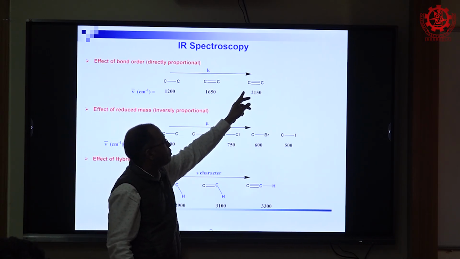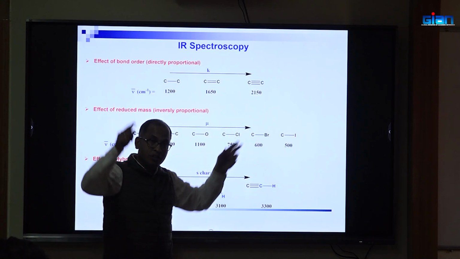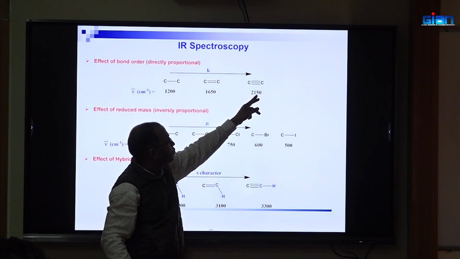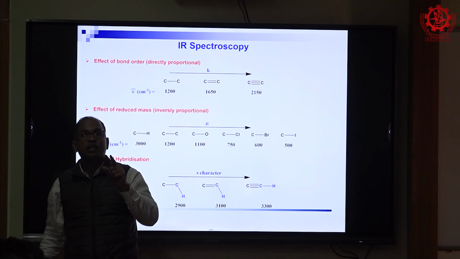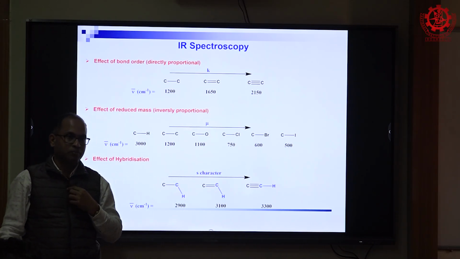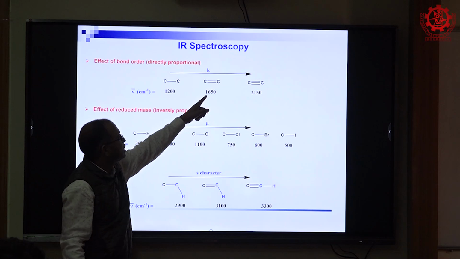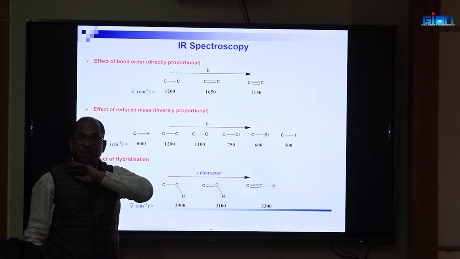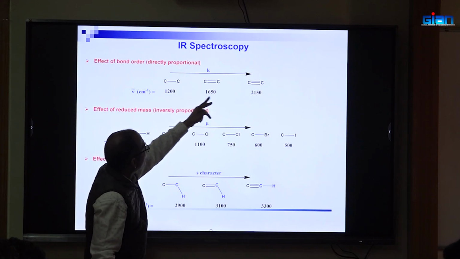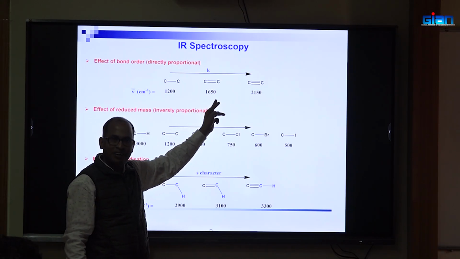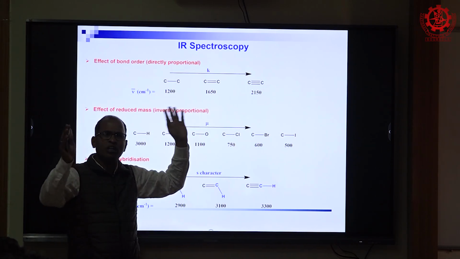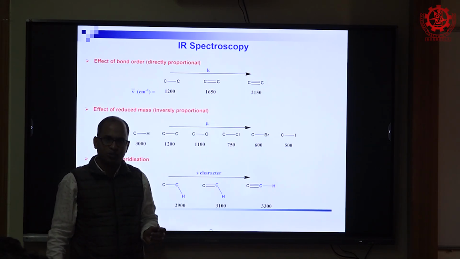So this is well understood. If we have a peak at 2150, think about those peaks we got, if something is at 2150, you think that your molecule has a triple bond. If it is at 1650, you have a double bond. Now again think about this 1400 I told. After 1400 these two are coming, right? Before 1400 this is coming, because you take any molecule, there are so many carbon-carbon bonds.